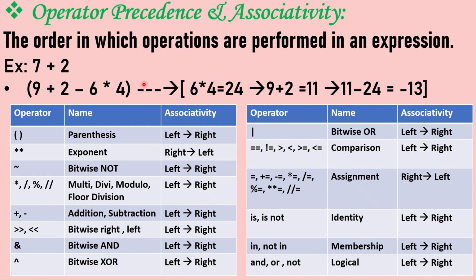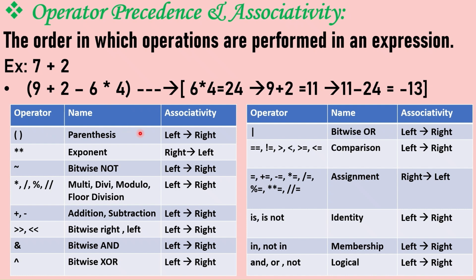Then it moves on to the addition operator, that is 9 plus 2. And finally subtraction is performed: 11 minus 24, that gives minus 13. Like this, an expression will be evaluated using precedence rules in Python.